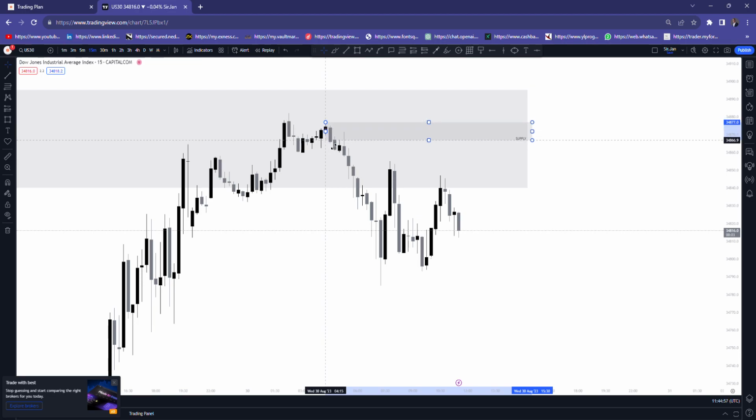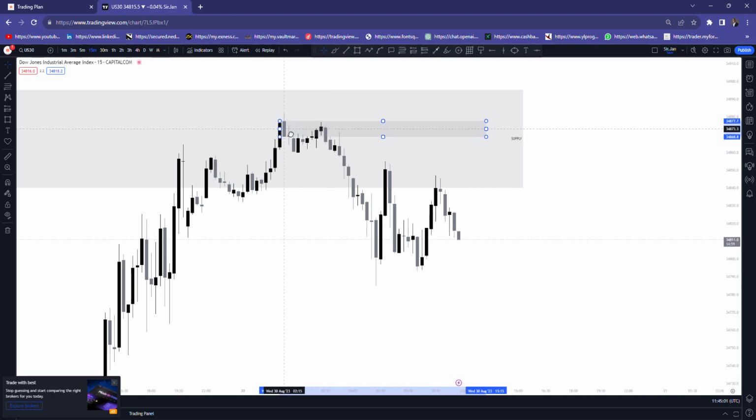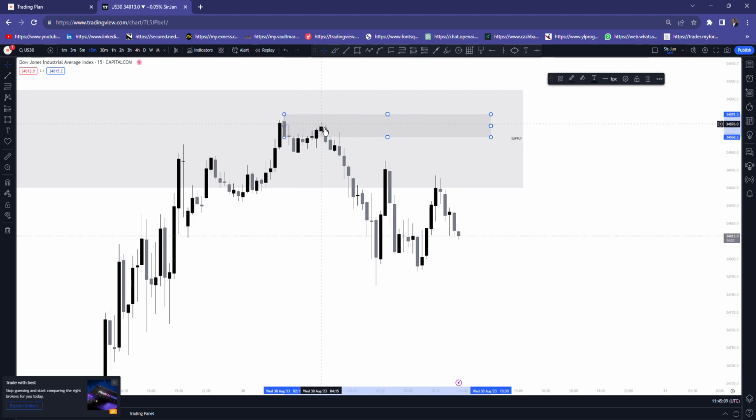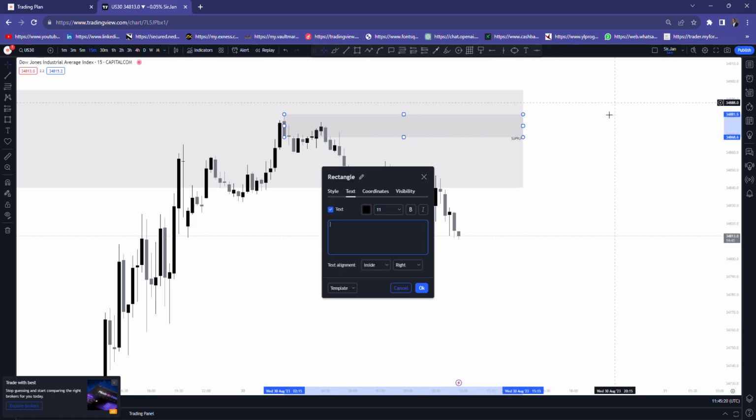I would rather take this one. It's this one here. This one here was mitigated here. So we only have the zone. But since it was mitigated, what can I say? 15 min refined.